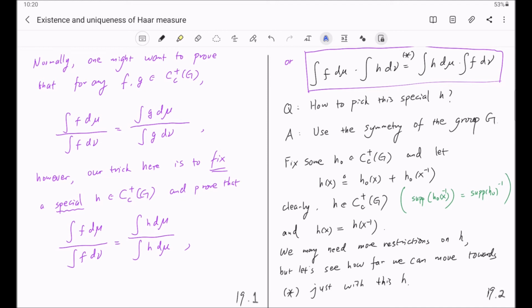Back then, we did not have much idea of how to choose this h, except for just making it symmetric.